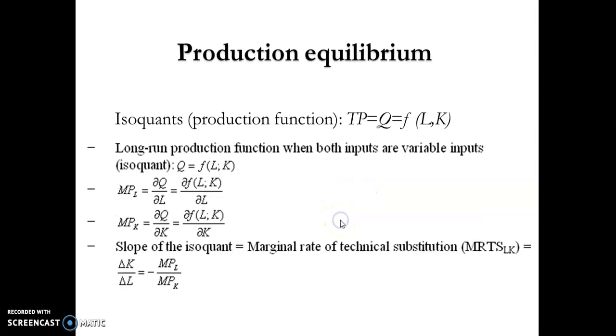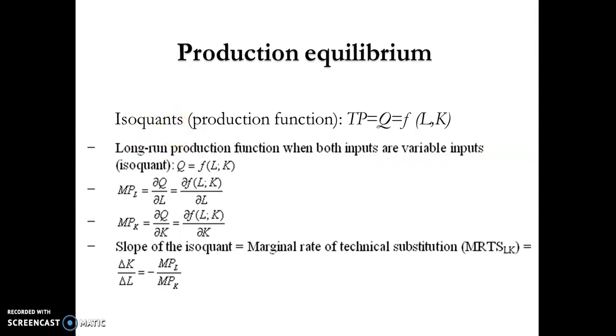So let's skip ahead. This is just a recap of what you've done in microeconomics this week, where you have your production function given in the form of Q as a function of labor and capital. So here you have a production function and it's represented as an isoquant. And your isoquant is the convex curve that is downward sloping.